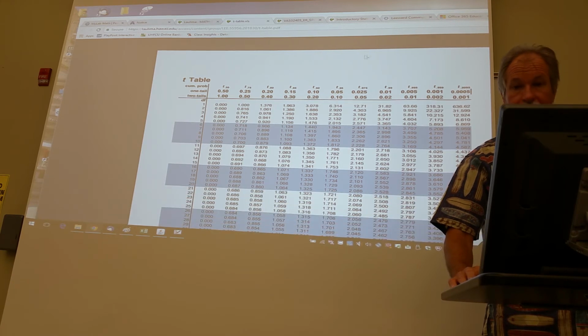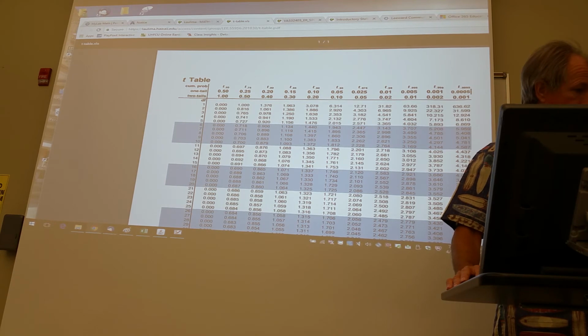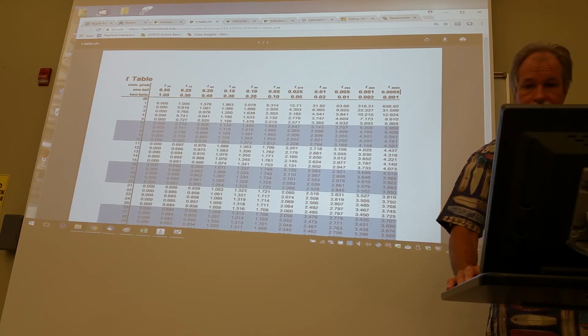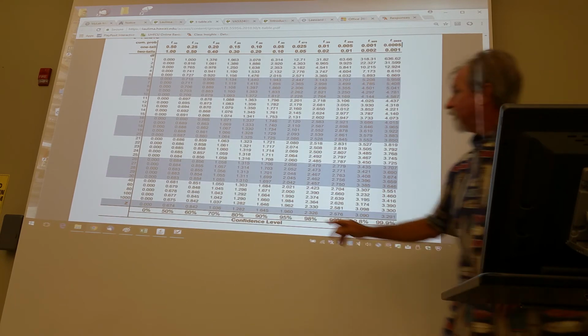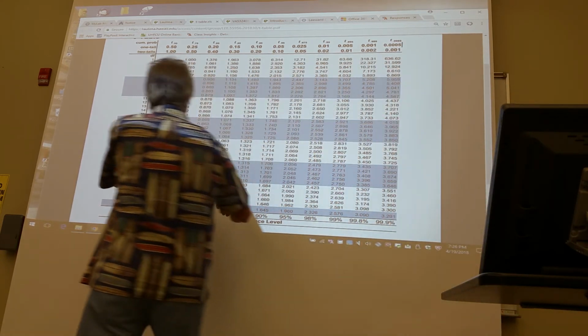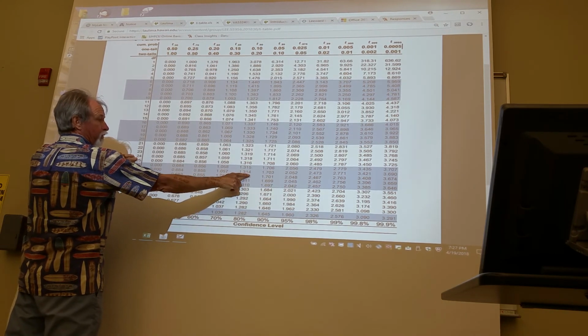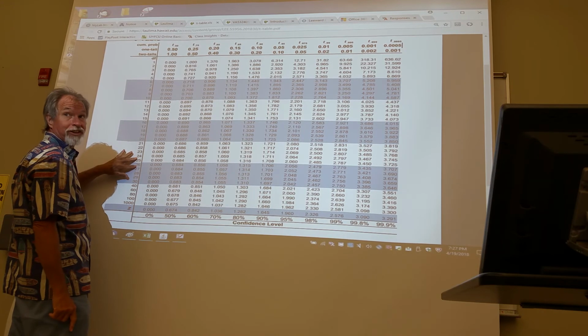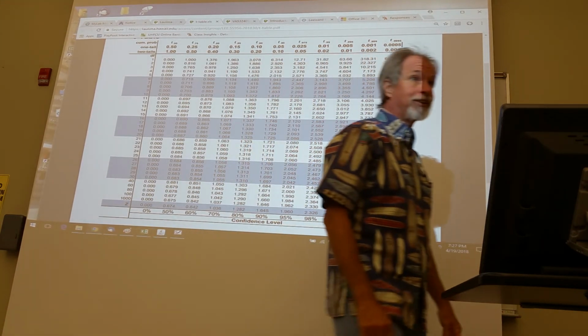I don't know if I have any more printed, I mean, but you can go to, but see, if you look at that, look at what's the difference between 27 and 25? 1.314 and 1.316? Ain't gonna give you a big difference.